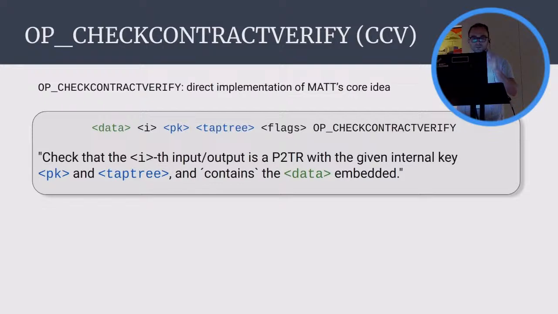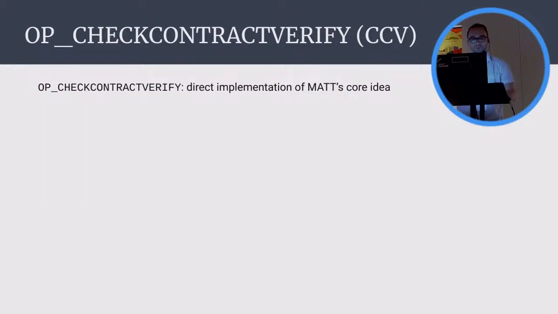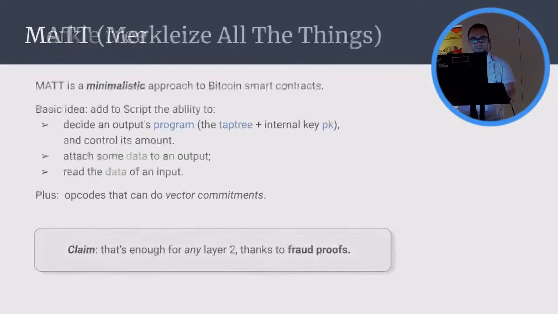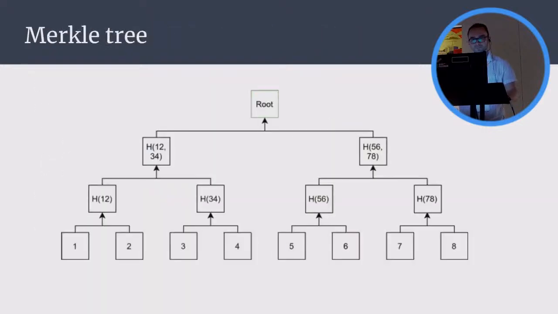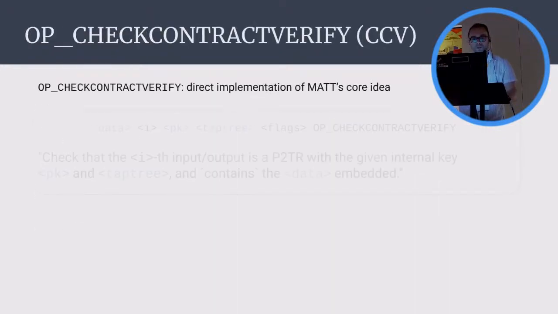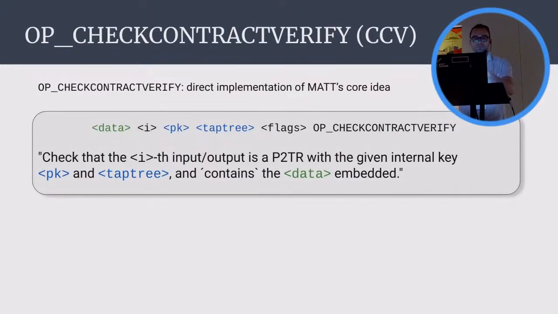This is for more technical people who want to understand, but you can already think about the framework even if you just understood the idea I presented in the previous slide. We want to be able to control program and compute the data. The way check contract verify works is that you have a bunch of arguments. You push some data on the stack, you push an index, you push a public key and the taptree, that's the program, and you push some flags.